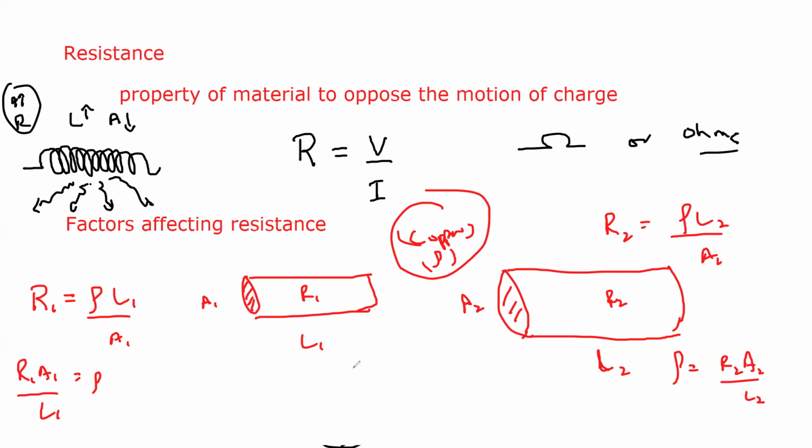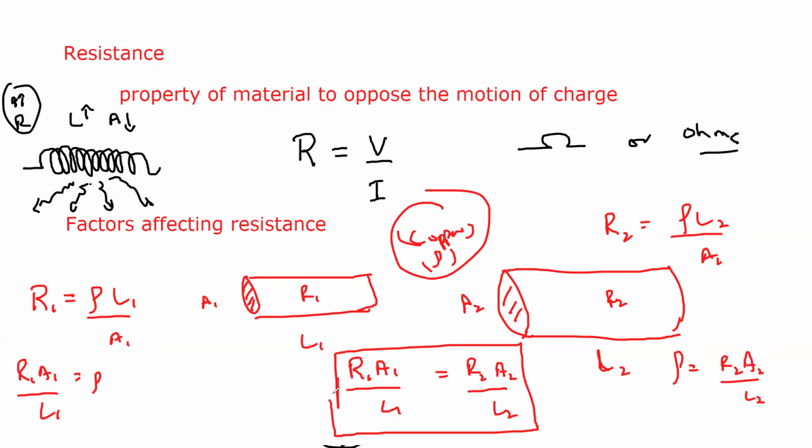So I can compare these two equations: R1 A1 over L1 equals R2 A2 over L2. This is the formula which can be used to compare the resistance, area and length of two wires made of the same material. If the two wires are made of different materials, then I cannot use this formula.